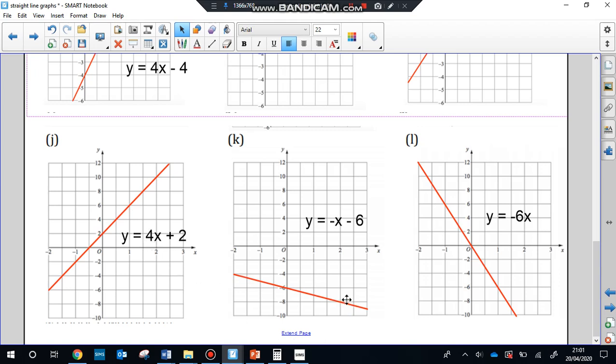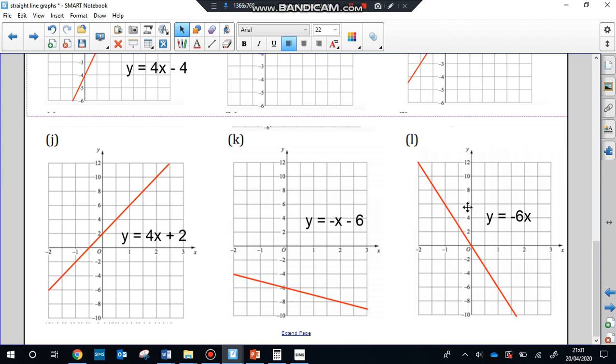Negative gradient here, but every time I go 1 across, okay, I'm going 1 down. So you might need to draw a slightly bigger triangle and go 2 across, 2 down, and so you get a gradient of -1.